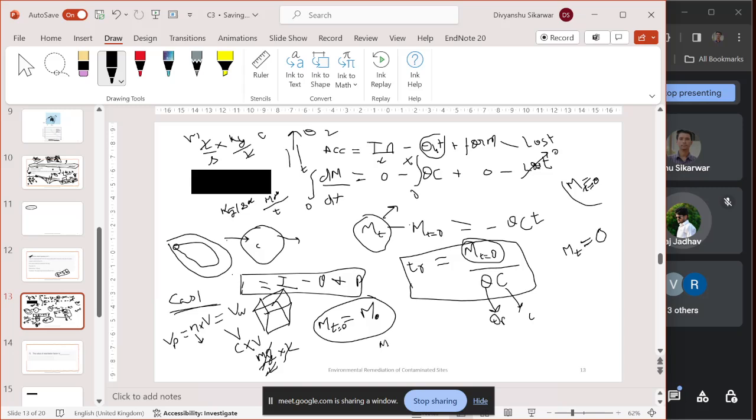So the m naught value we can calculate directly as n, porosity, into V, the total volume of the region, into C naught, the initial concentration. This will give us the m naught.